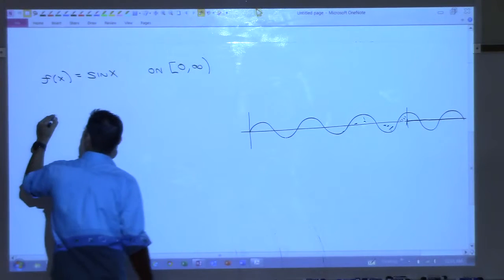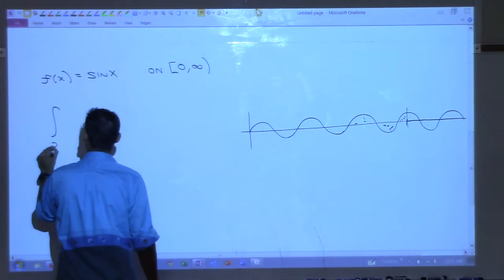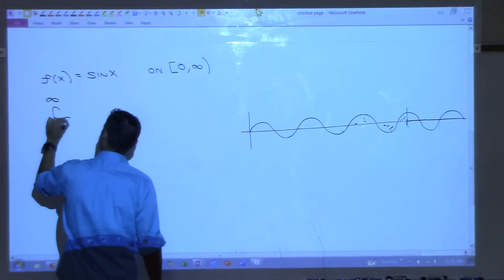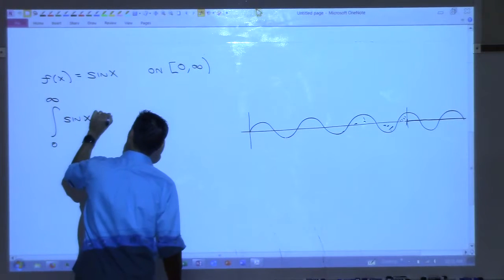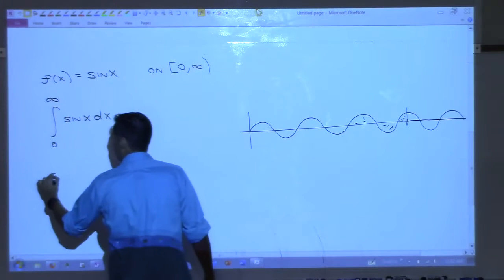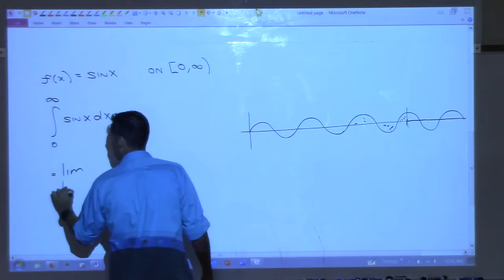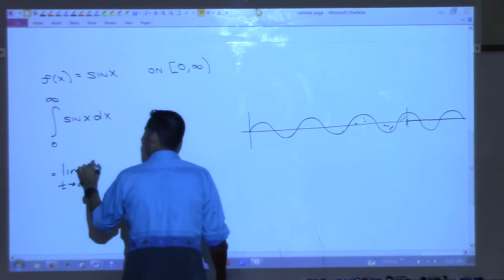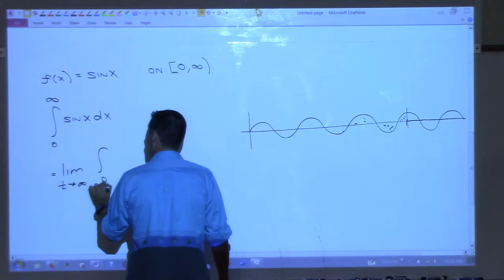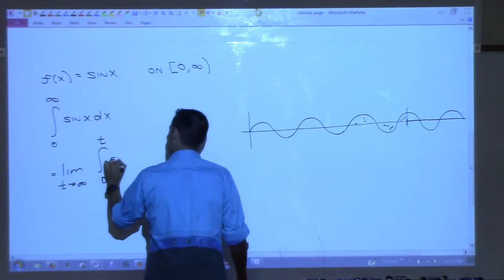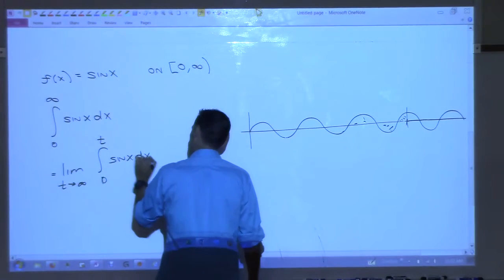So the integral from 0 to infinity of sine x dx is going to convert over to the limit as t goes to infinity of the integral from 0 to t of sine x dx.